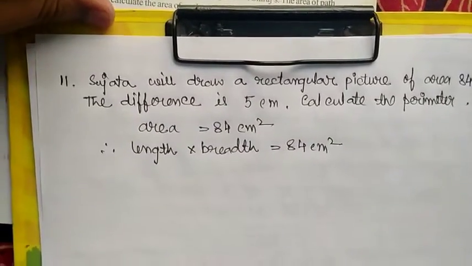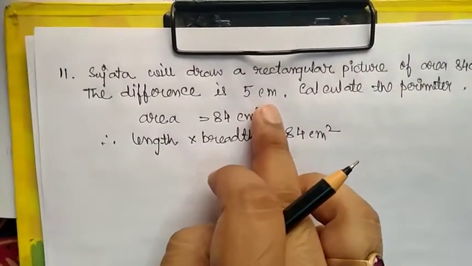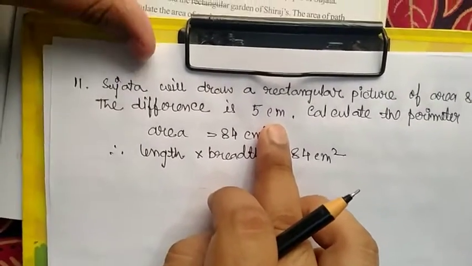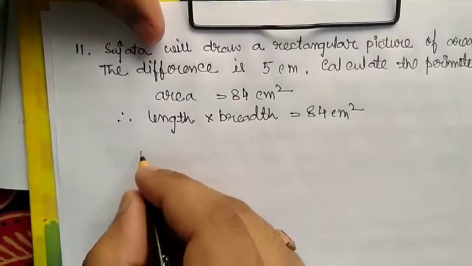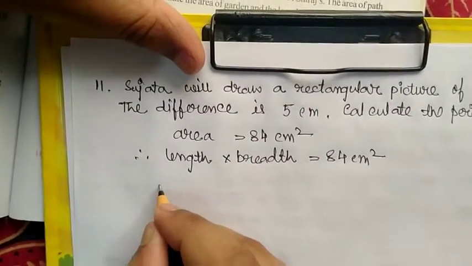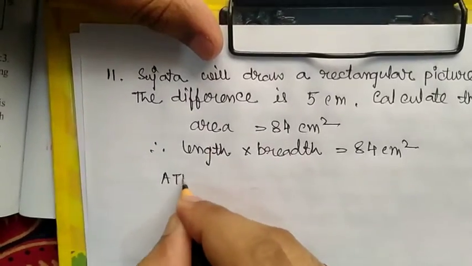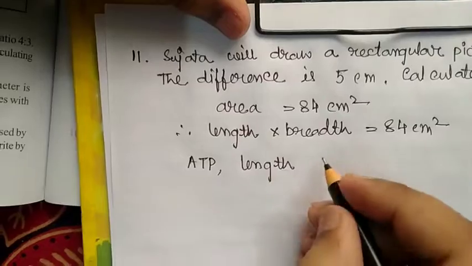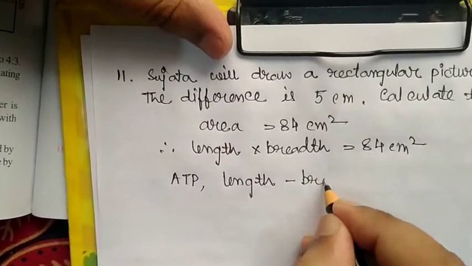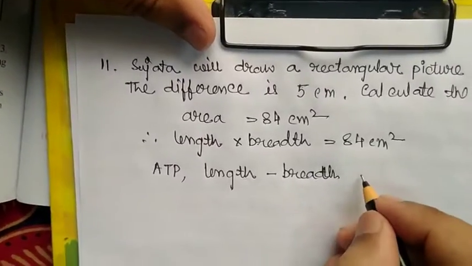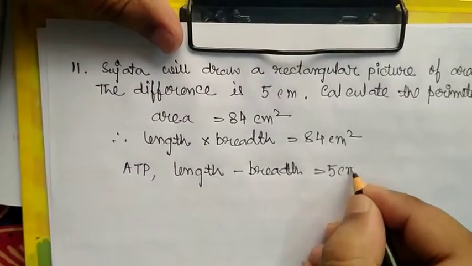Now the difference is 5 centimeter. The difference of the length and breadth is 5 centimeter. So therefore we assume that length is greater than breadth. So according to the problem, length minus breadth equal to 5 centimeter.